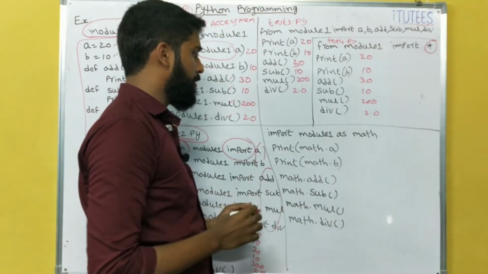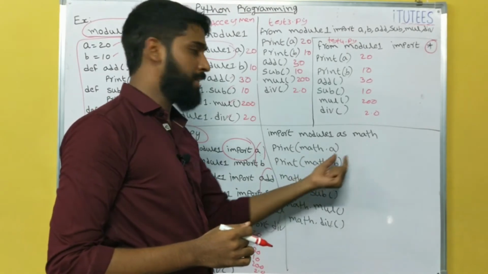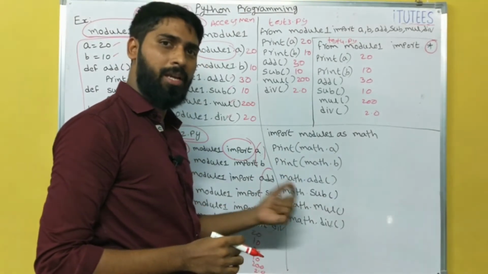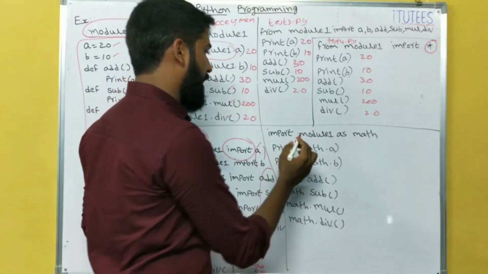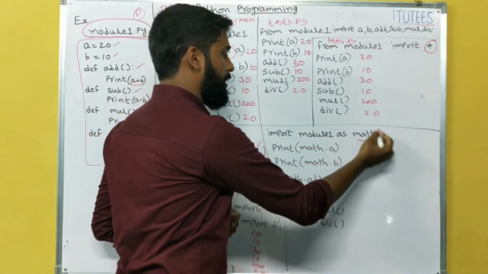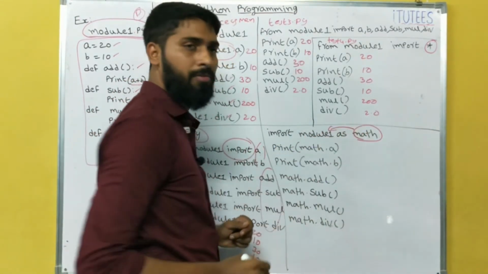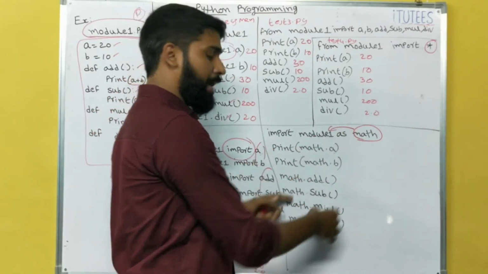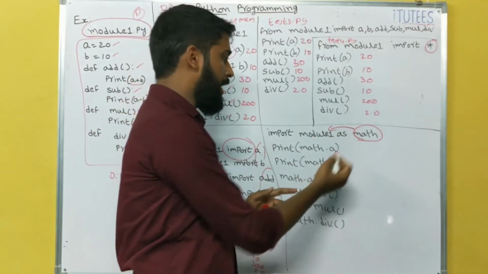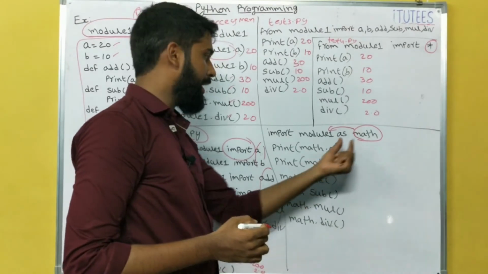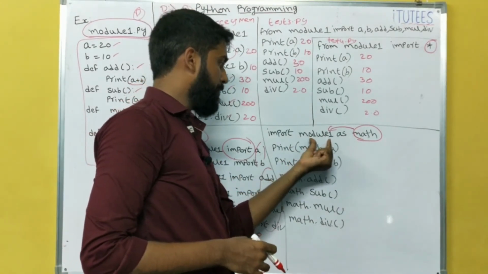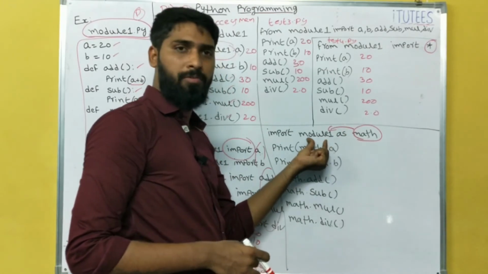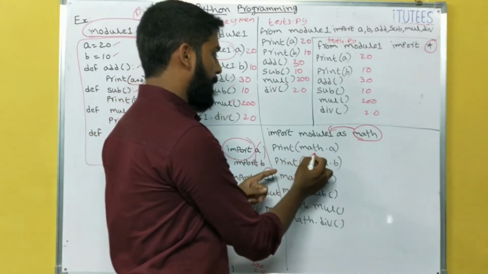Another example: you can create alias names to the modules, to the variables, and to the functions. Here I am creating an alias name math for module1. That means now I can access this module in my program with the name math. That is the alias name. So print math.a.